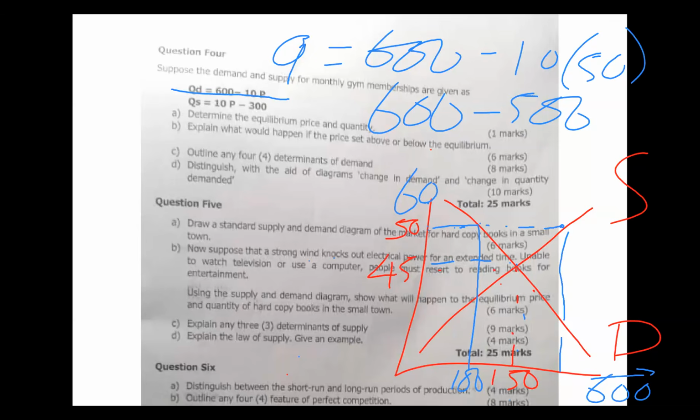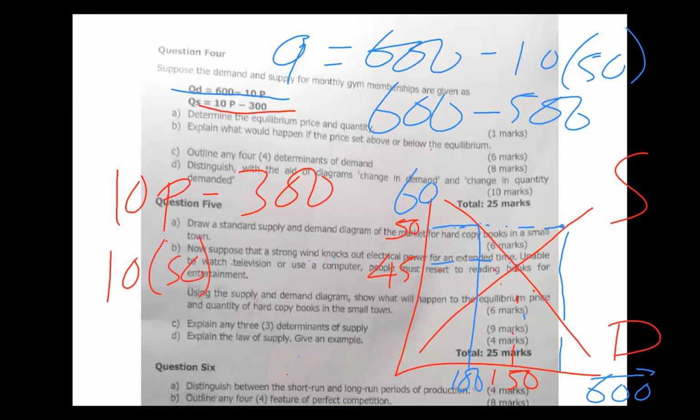Go to the supply equation, 10P minus 300, and put 50 where there is P. So 10 times 50 minus 300, that is 500 minus 300, so that supply equals 200. Is that okay?